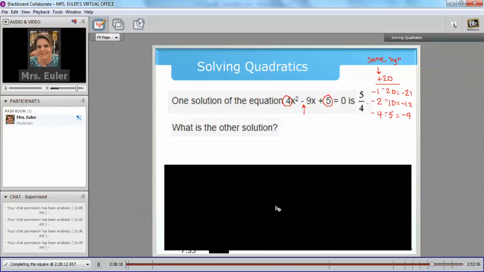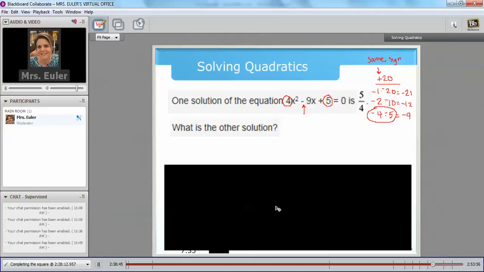That means we are going to use these 2 numbers and rewrite our problem. So we're going to change our trinomial of 3 terms into a polynomial with 4 terms. Instead of writing negative 9x, I'm going to replace it with negative 4x and negative 5x.